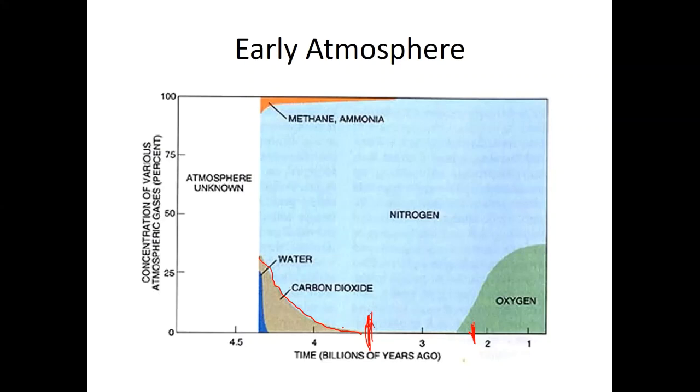This is called the oxygen revolution, and whenever the atmosphere began to be oxygenated, this set the scene and allowed for the appearance and evolution of animal life on the planet. So we owe our existence on this planet to the photosynthetic bacteria and algae from billions of years ago.